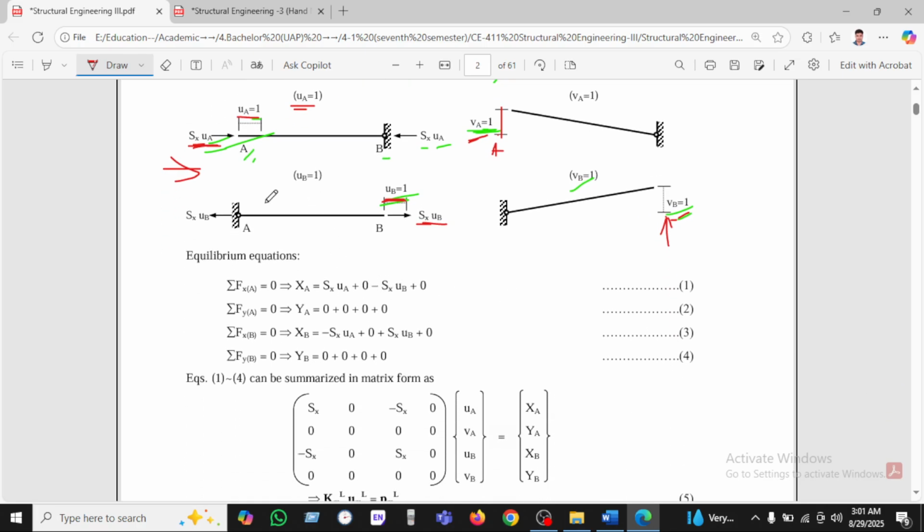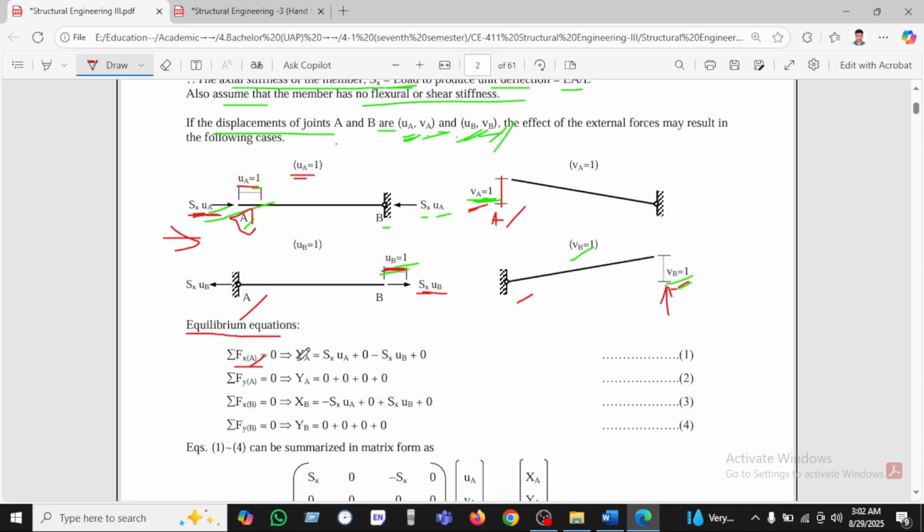Okay, now the equilibrium condition we have known. So for force XA at point A, we have Sx into UA. In the second case there is no axial deformation, that's why it is 0.